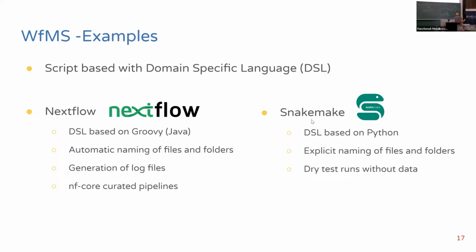Personally, I like to work with Python a lot, so I would be inclined to use Snakemake. But because of the nice functionalities of Nextflow, which we learned about in the last couple of weeks, I want to share it with you.